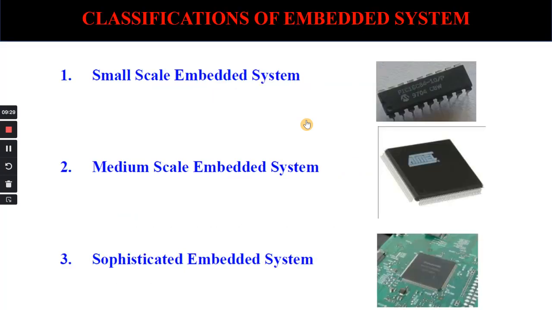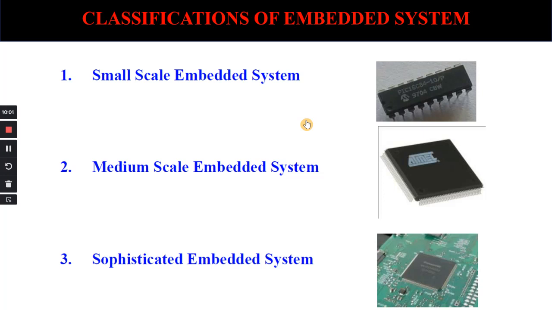Okay. So finally, we are seeing the classification of embedded systems. What is classification? Simply, embedded systems are classified into three types: small scale, medium scale, and sophisticated. It is classified based on the application only. What is small scale? Small scale is nothing but a small kind of application. If you take only a temperature monitoring system, there we need not go for complex or big ICs.